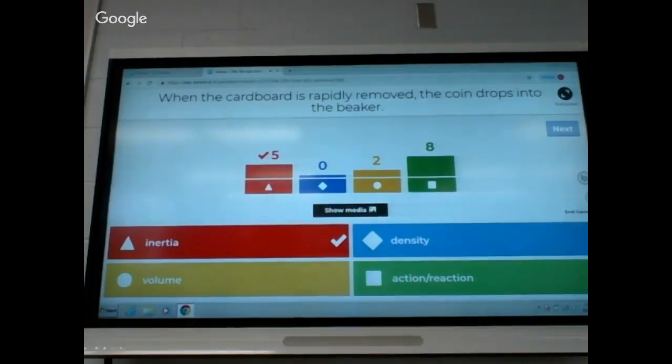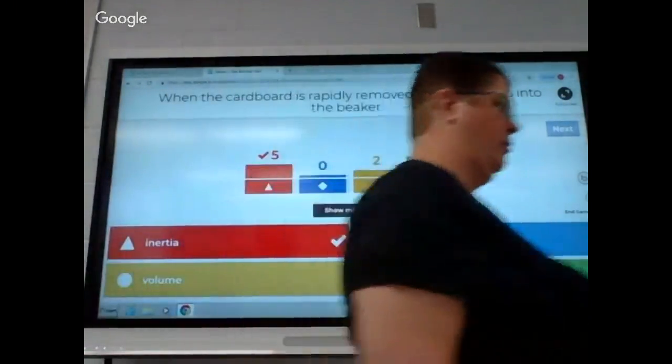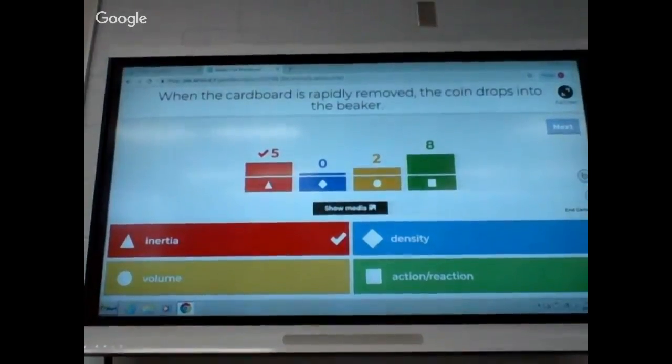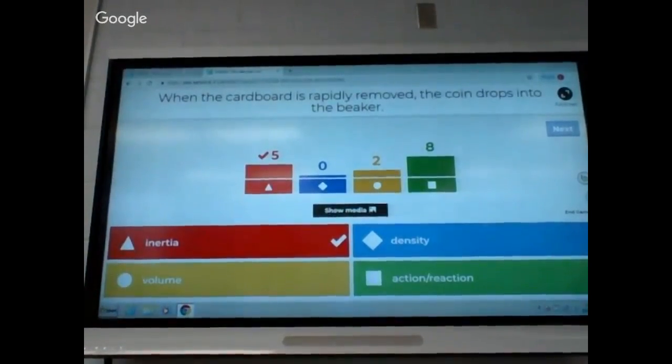If anybody's got a quarter, I can demonstrate it. But I don't have a quarter in my pocket. I haven't carried change since I broke my wrist because I can't get it out of my pocket.